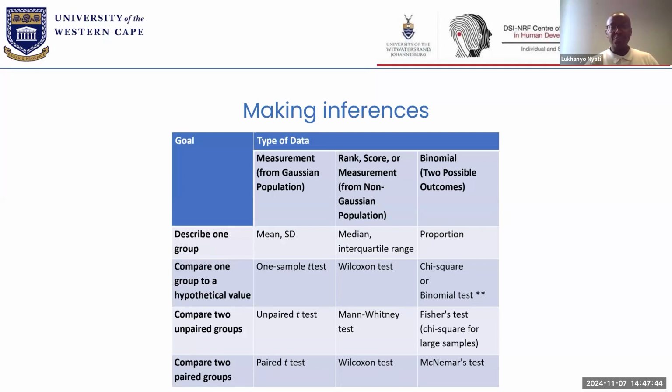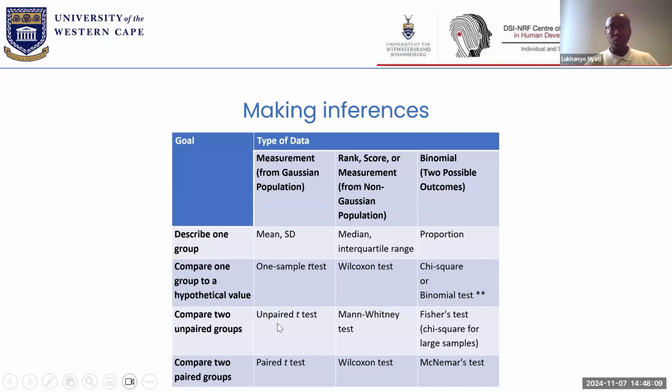For example, if you've got one sample and the sample follows a normal distribution, you can use a one sample t-test. But if it doesn't, you can use a Wilcoxon test. And if you are comparing a proportion to a value, you can use a binomial test.